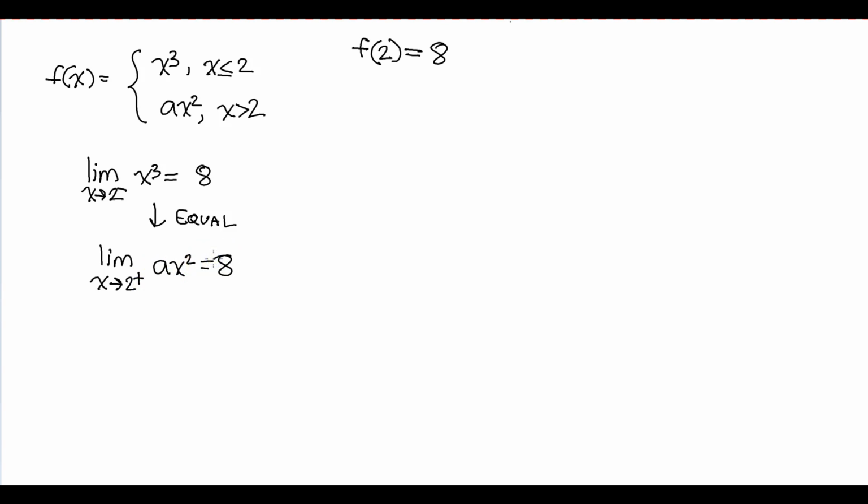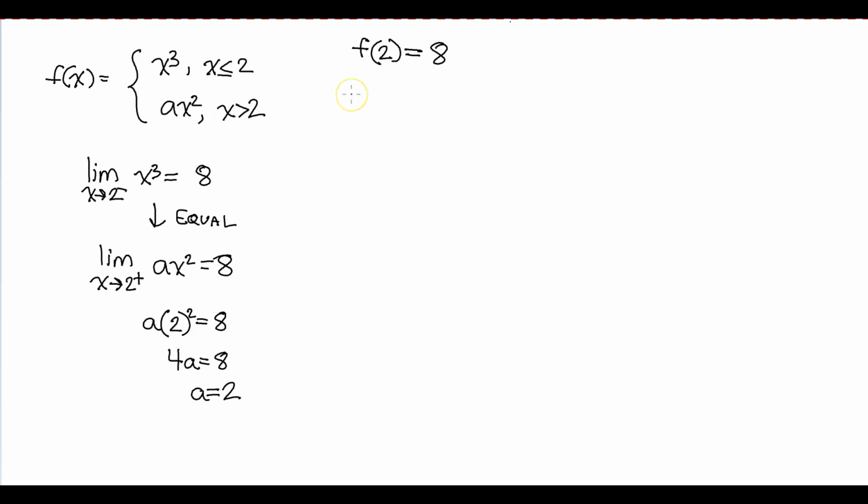Remember, this is a quadratic function, so you could use direct substitution because there is no hole in a pure quadratic function. So a times 2 squared equals 8, or 4a equals 8, or a equals 2. So a has to be equal to 2.